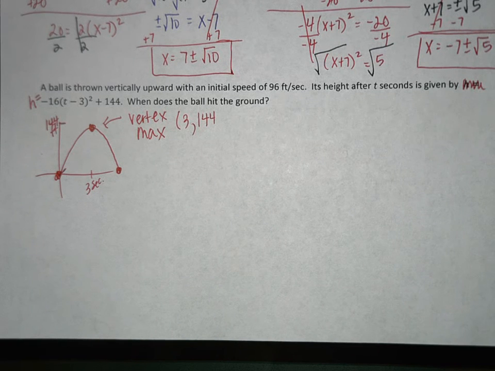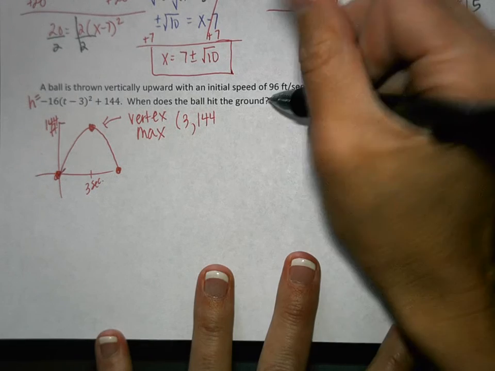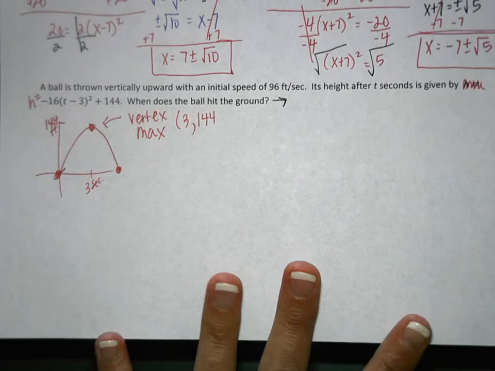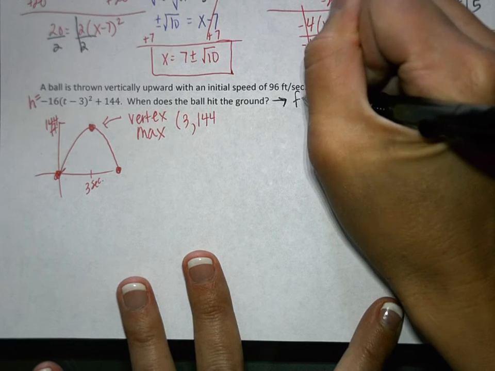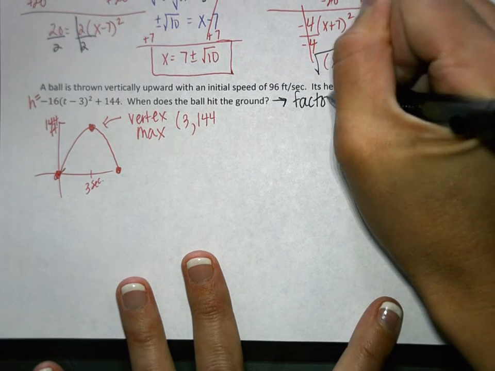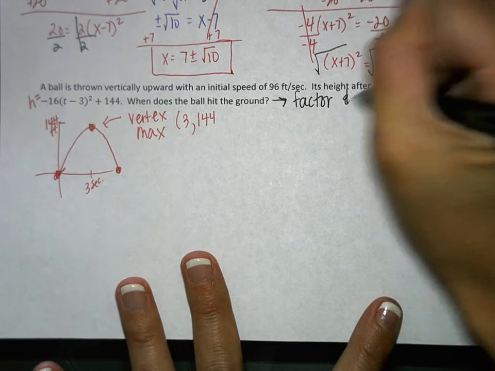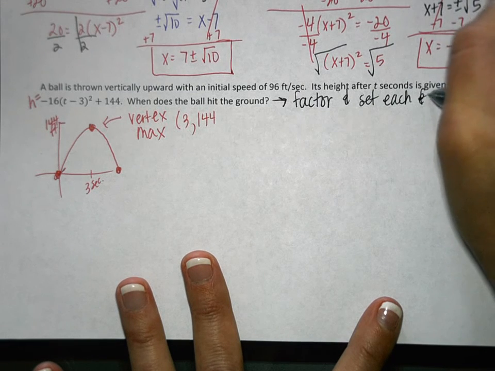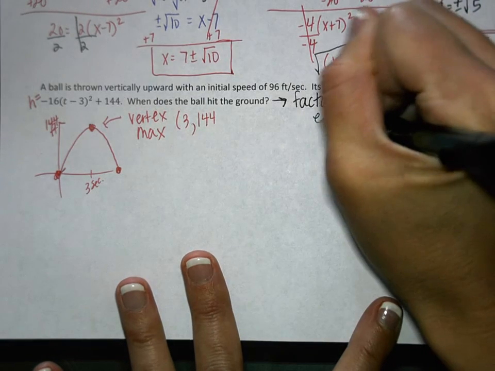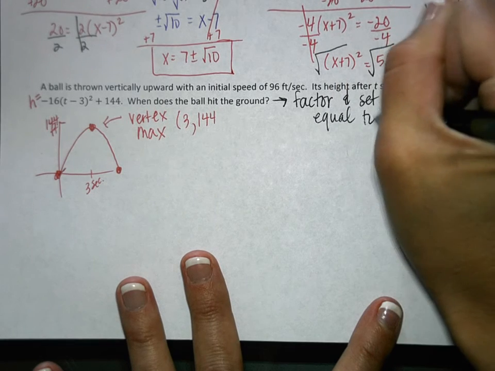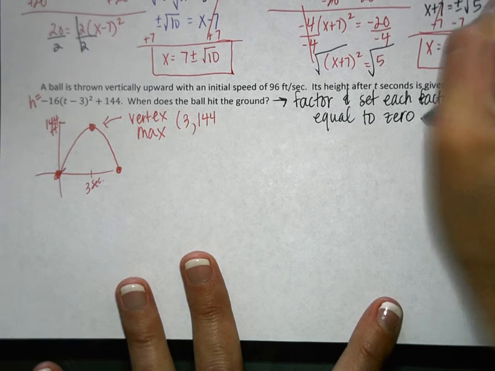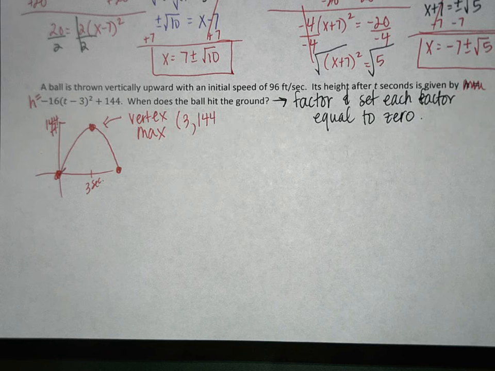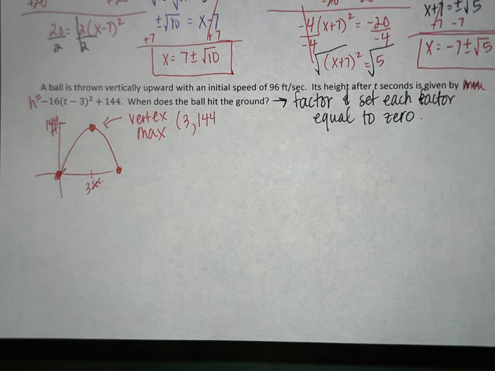Okay, the way that we do this, and we kind of talked about this a little bit at the beginning when I was explaining what we're finding, the way we find this is to factor and set each factor equal to 0. And that will give us the values for when it hits the ground. Okay?